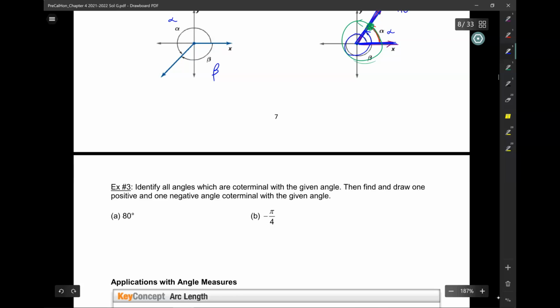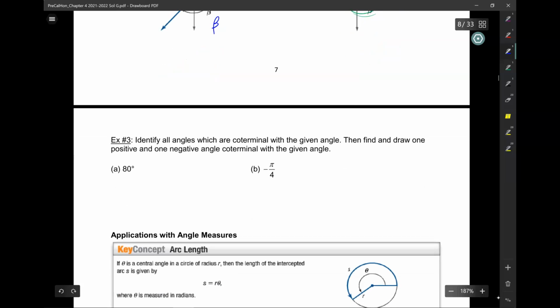So then how do we find coterminal angles? We either add or subtract 360 degrees. And if my angle is given in radian, then instead of 360 degrees, how many radian would I add or subtract? 2 pi. Okay?